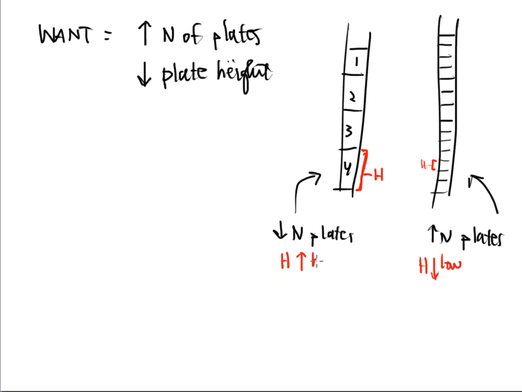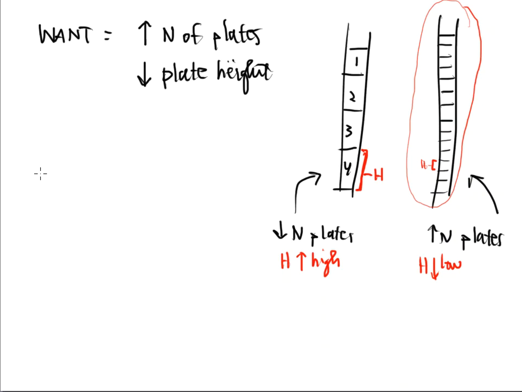And that's what I want to see in a good separation with a good column. This is going to be more preferred. I get a larger number of cartoon pages, I get thinner sheets of paper, and that allows my separation to take place much, much better. Now, there is an equation that we can use that relates all of these things together.